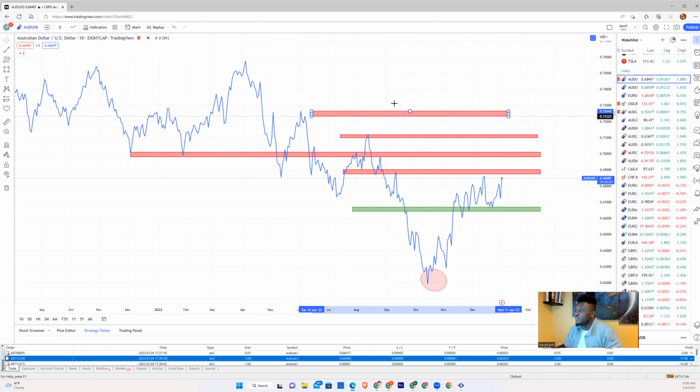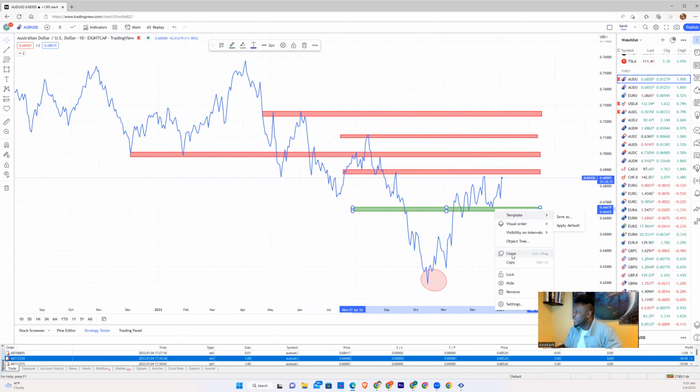I'll show you why I'm pulling up the space, because look at this right here, right here, right here. That's why I'm also choosing that as a support and resistance area.